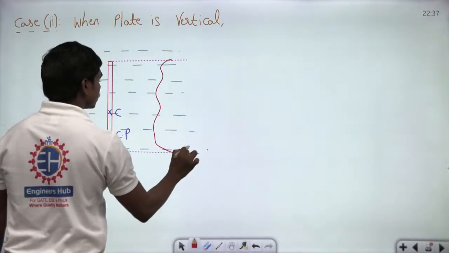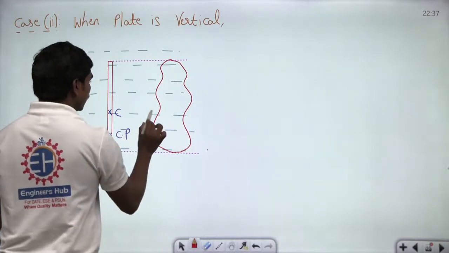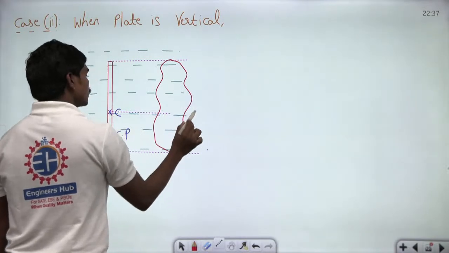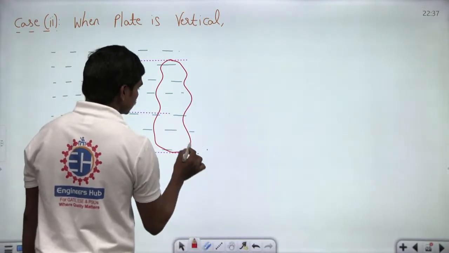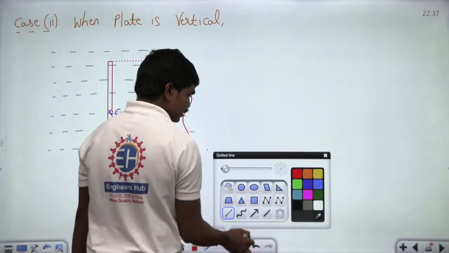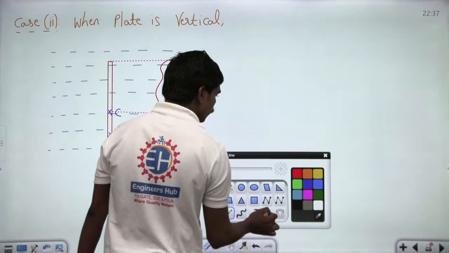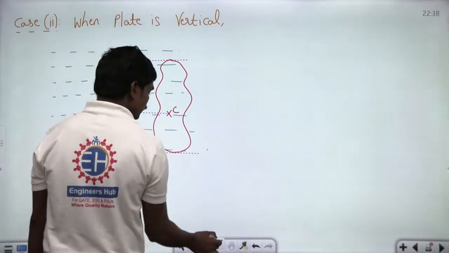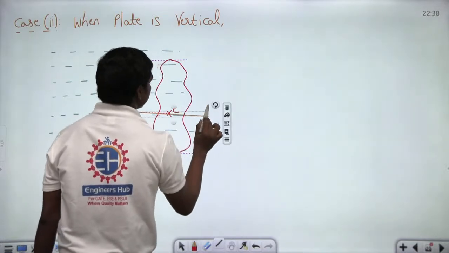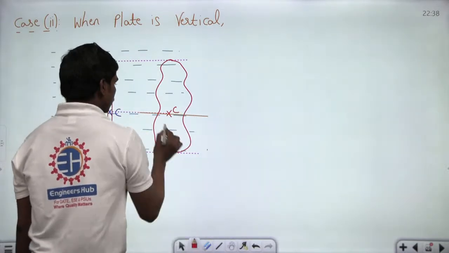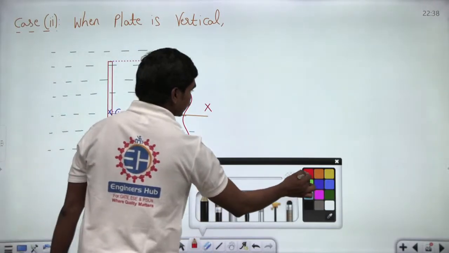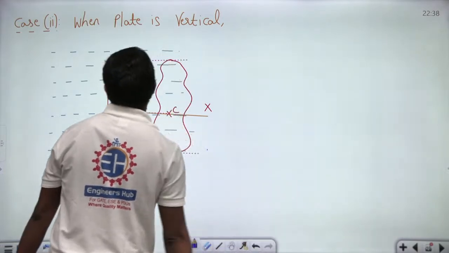If this is your side view of this plane, and let us suppose this is the projection of your centroid, this is the location of your centroid C. Now, if you define an axis I_xx which we have been defining so far, let us suppose this is the axis which we define as xx. Then if you calculate these h bar and h star values, see how the values occur.